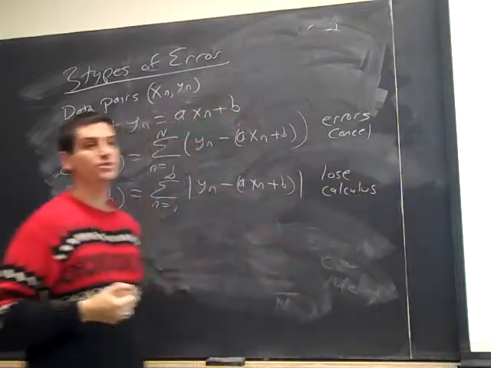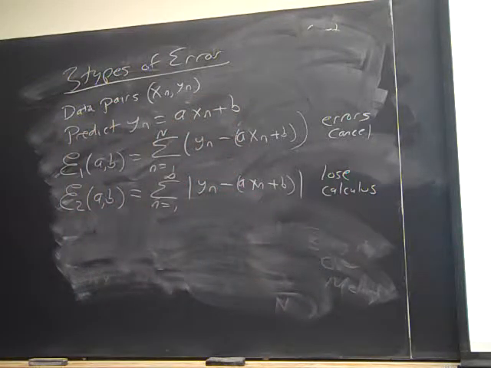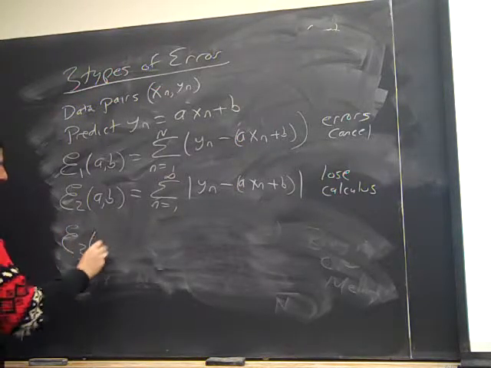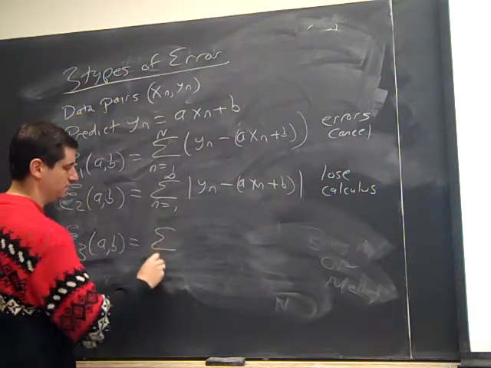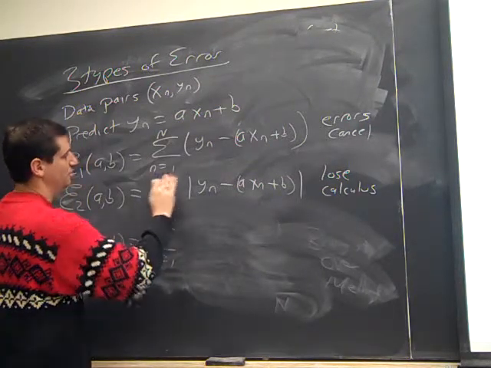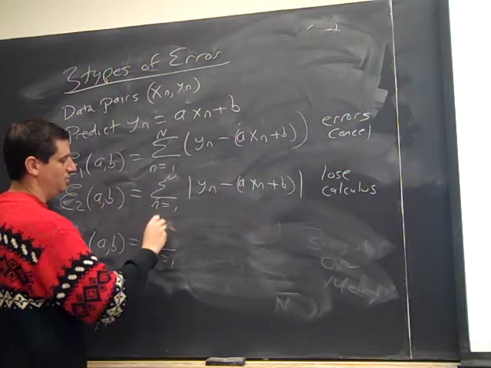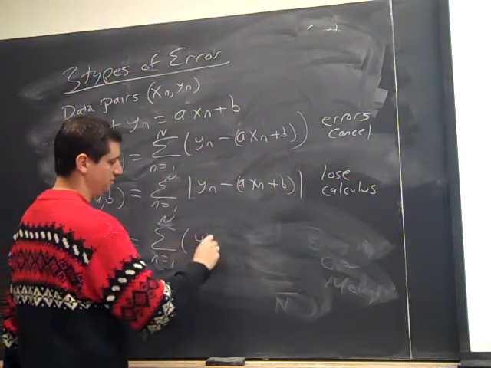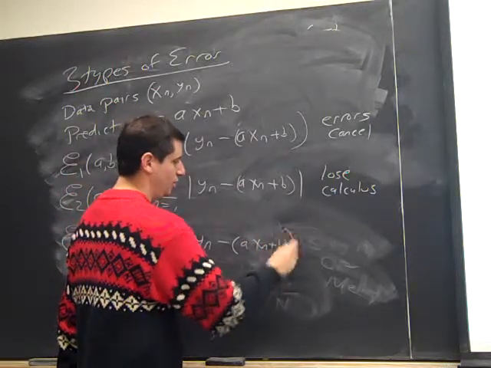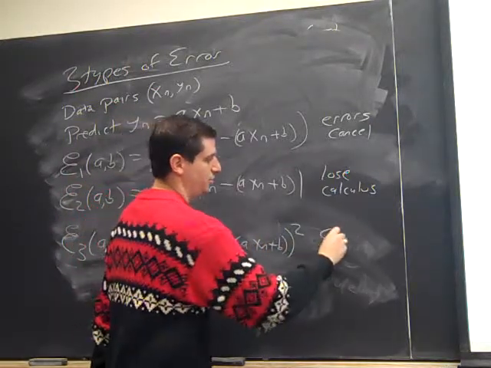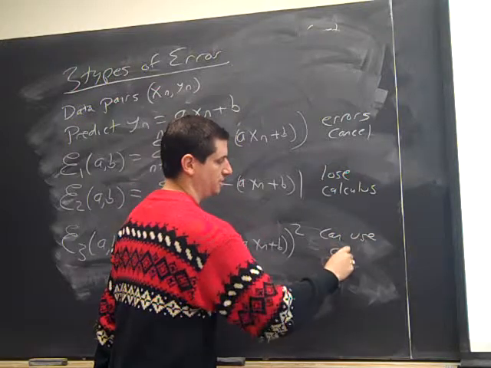The absolute value function is not differentiable. Since it's not differentiable, all of the truths from calculus are unavailable. So, what would your third guess be? Squares. And what's the title of today's lecture? The method of least squares, right? So we can use calculus.